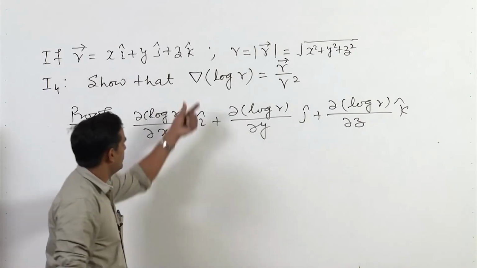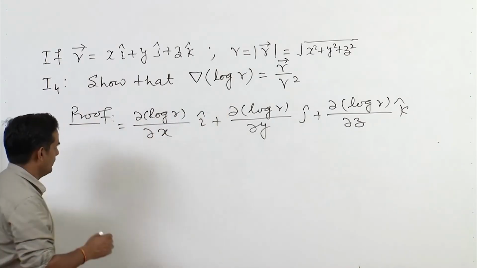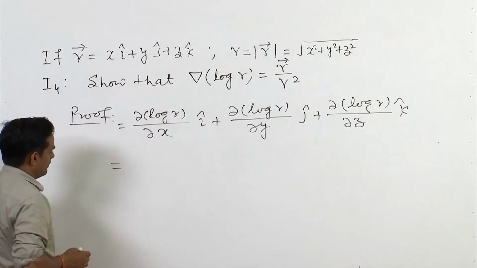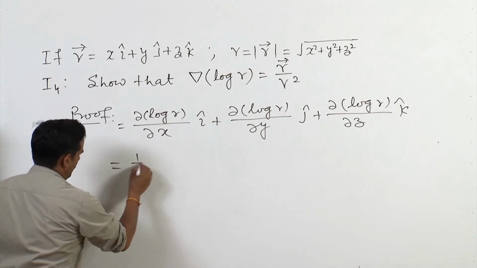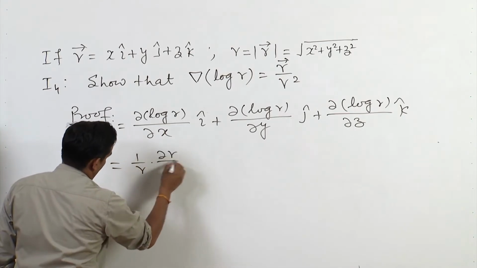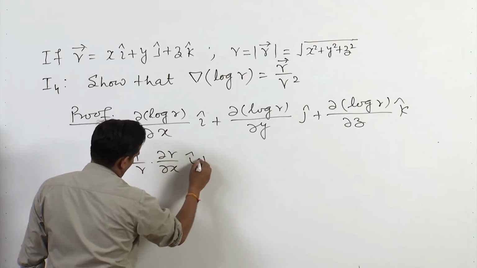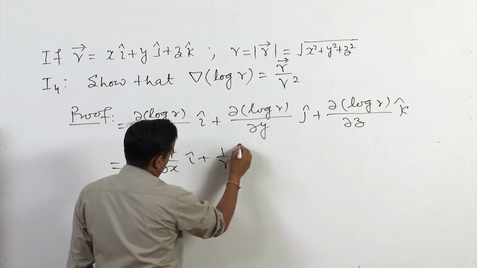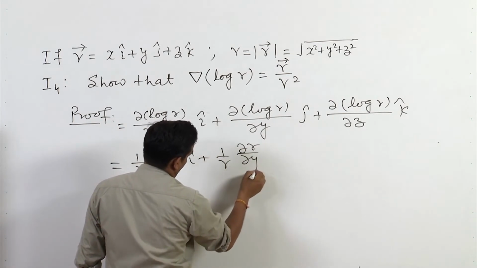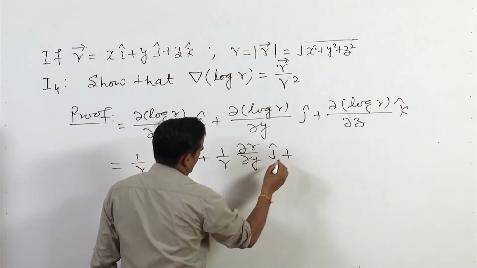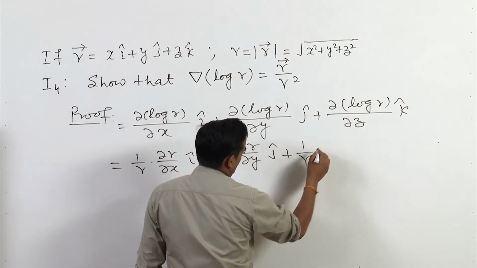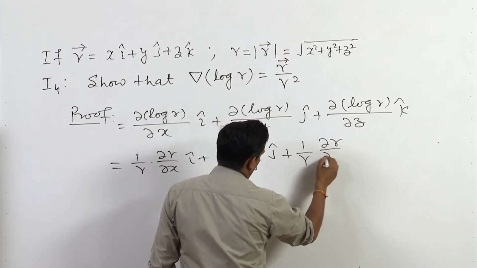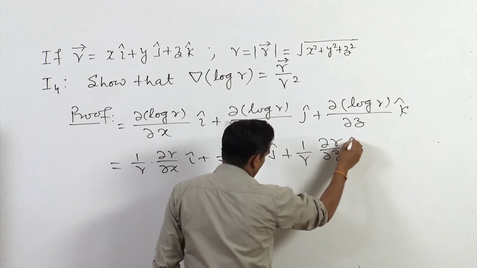So, del of log r, the left hand side, equals 1 upon r into del r over del x i, plus 1 upon r del r over del y j cap plus 1 upon r del r over del z k cap.